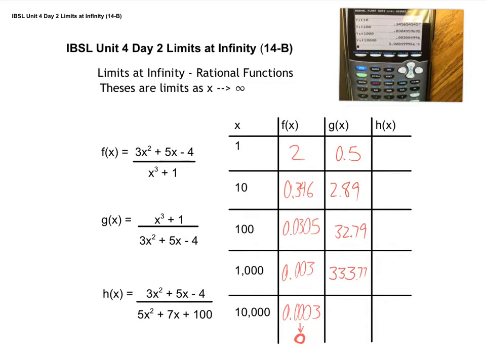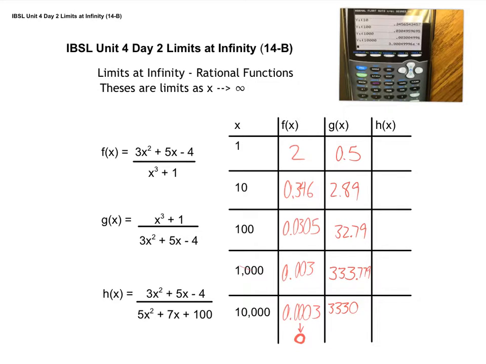Okay. All right, and when you put in 10,000, 3330. I got 3332. So yeah, 3 sig figs would be that.